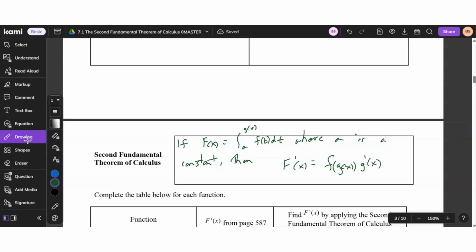And that should strike you as being what looks like a chain rule. And so that is effectively what we are doing, because we are putting this g of x inside the f of t. And so that's how we end up getting that chain rule, because that's really what it is.